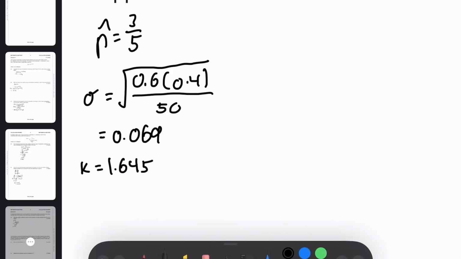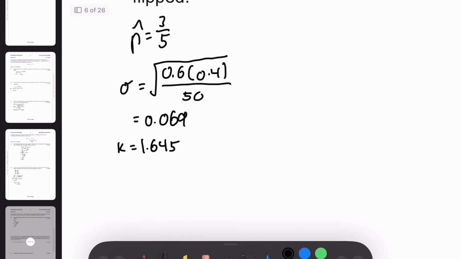Okay, I was looking at the marking key there. Therefore, our margin of error is going to be equal to 1.645 times 0.069. I think this is the correct way. I remember doing this a different way.